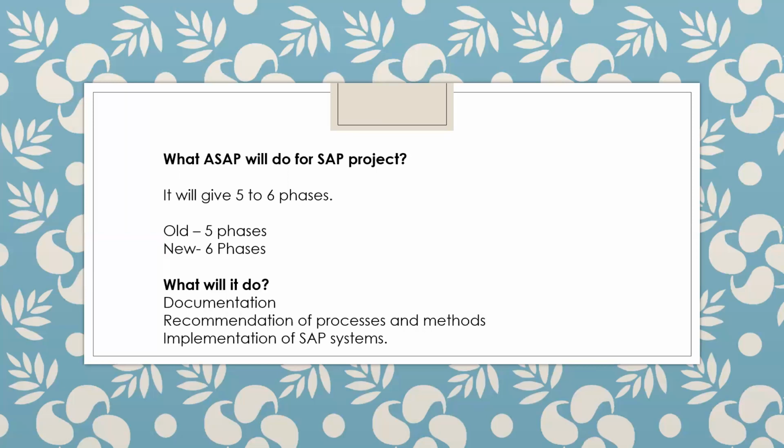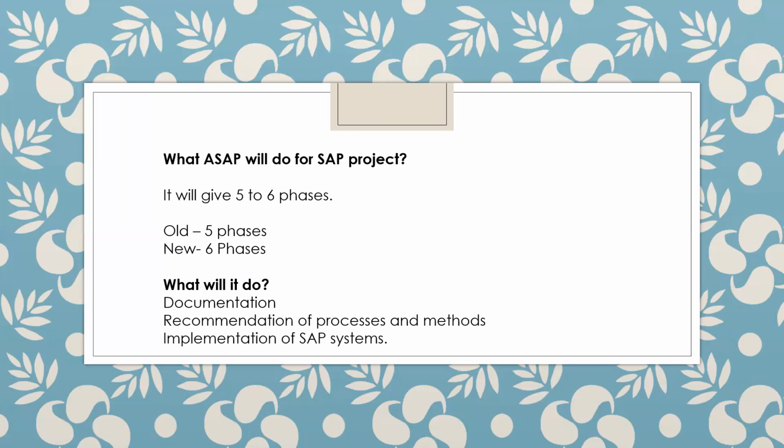Okay, let's go to what ASAP will do for an SAP project. Generally, from the olden days, like the 4.6, 4.5 SAP versions onwards, now we are in 7.2 or more, like EHP4 versions in ECC, and you have S4 HANA also.